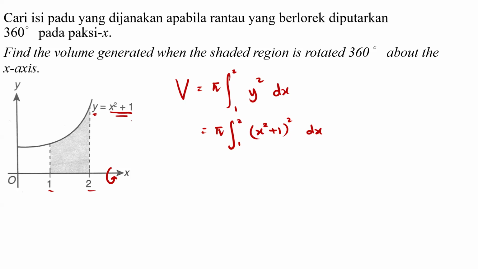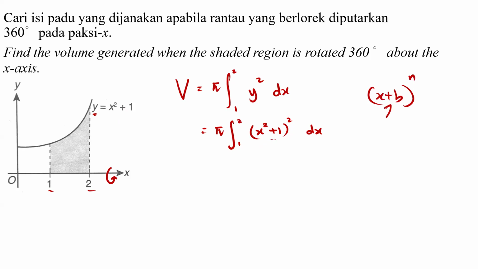Okay, a lot of students forget to square because they think, hey, I already see x squared here, so it's already squared. No. It's the whole y that we need to square. Okay? So be careful. Now, before I can integrate, I have to expand inside first, because we can integrate any power of a linear expression.